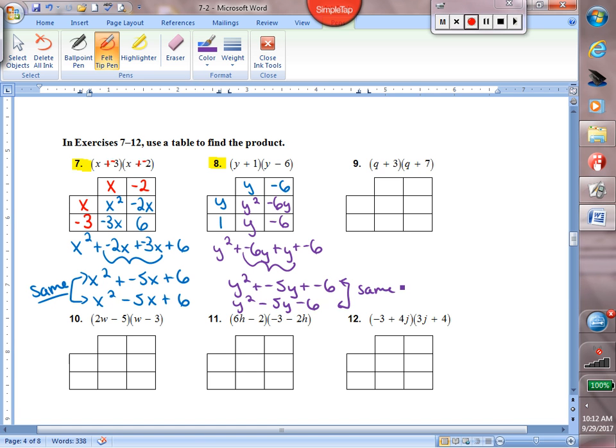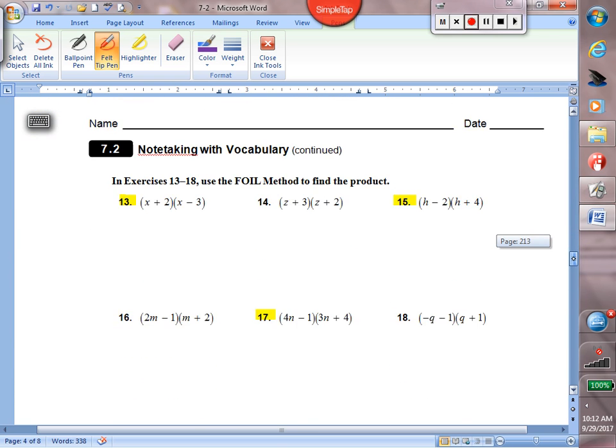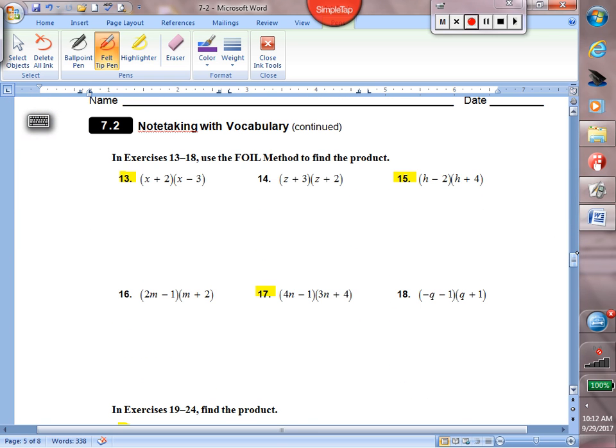So far we've explored 2 different methods for multiplying our binomials. I have one final method to show you. And it's known as the FOIL method.